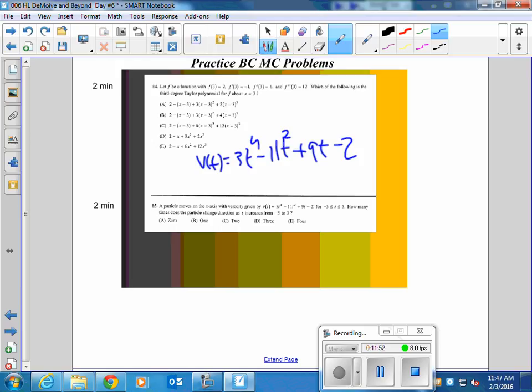What is going to designate a change in direction? Yeah, v of t equals 0. So you're going to graph this between negative 3 and 3 and see how many zeros you have.